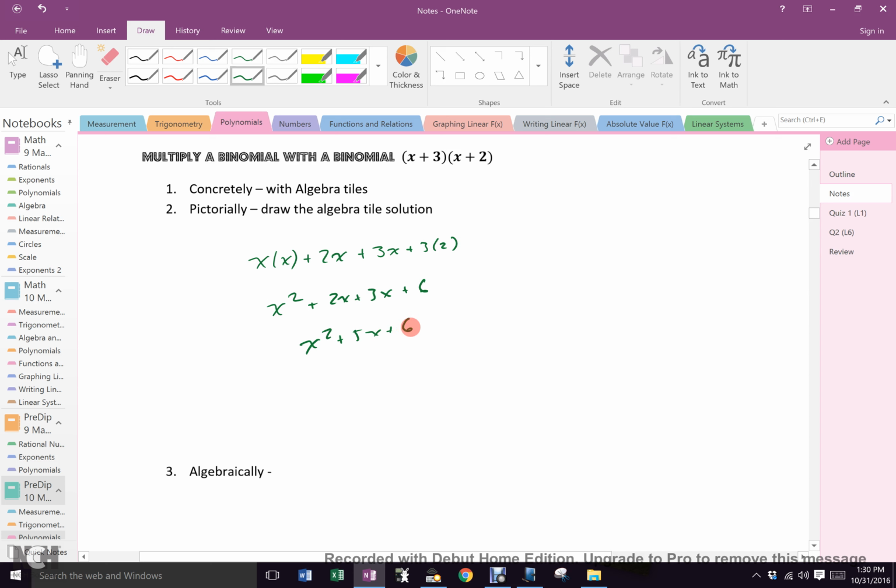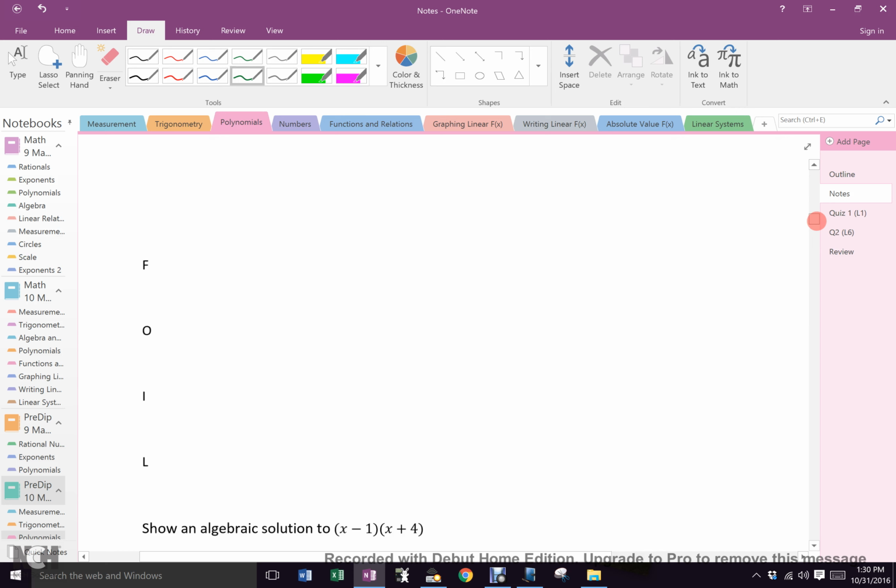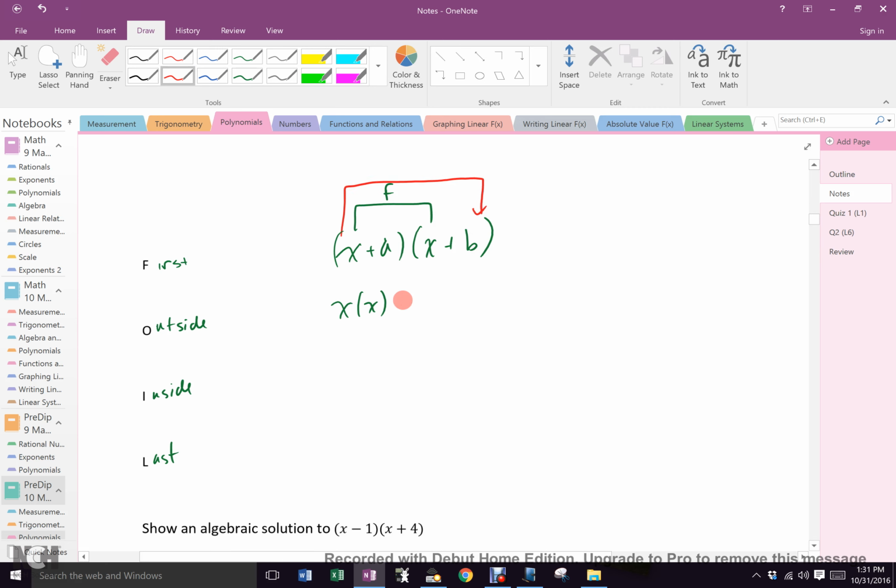And you all know that FOIL stands for first, outside, inside, and last, right? So if we draw it out, (x plus a)(x plus b), it is first x times x. There's the F. Then x times b.